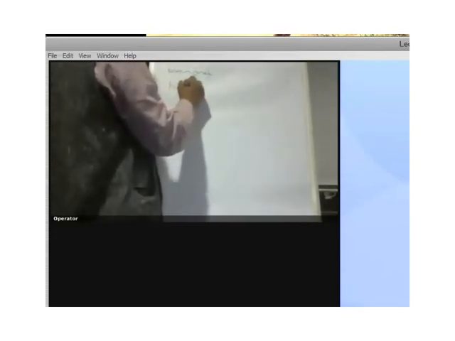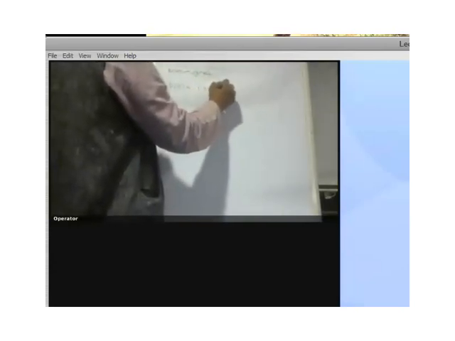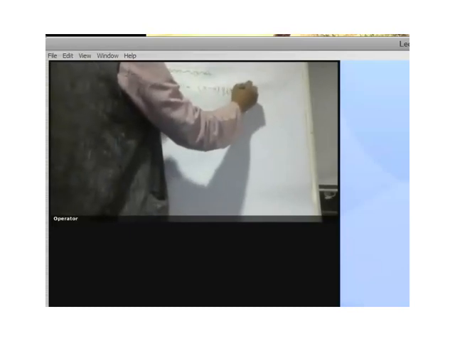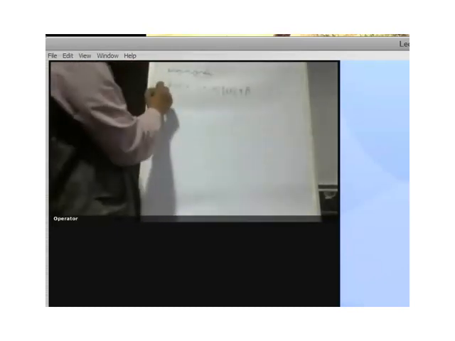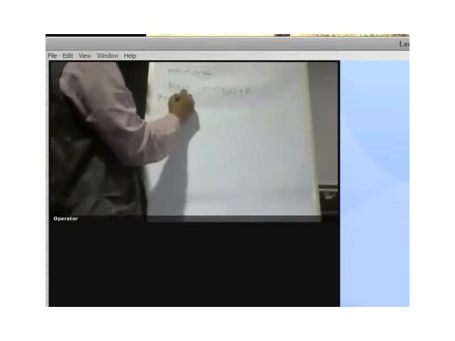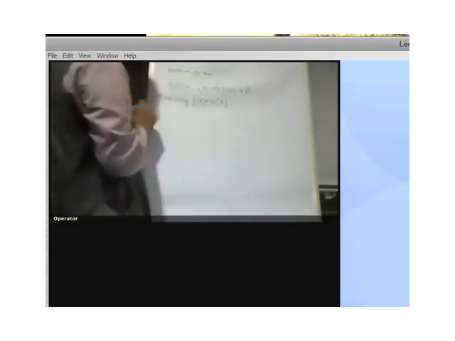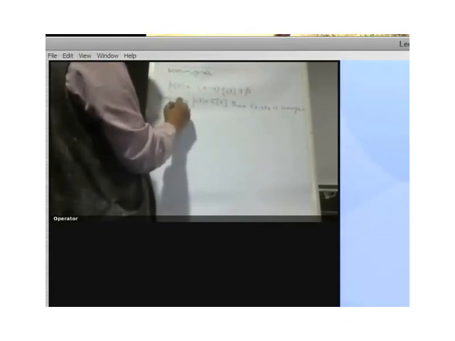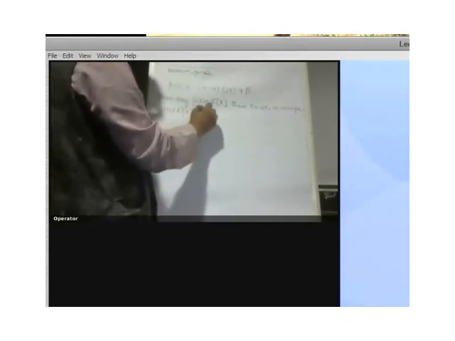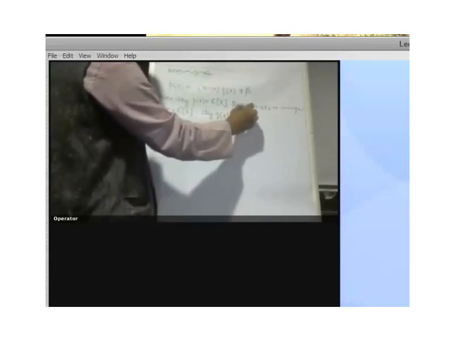So if I give you any polynomial, you know that there exists a unique polynomial Q(x) such that the degree of Q(x) is equal to the degree of P(x) minus 1, and the unique remainder.